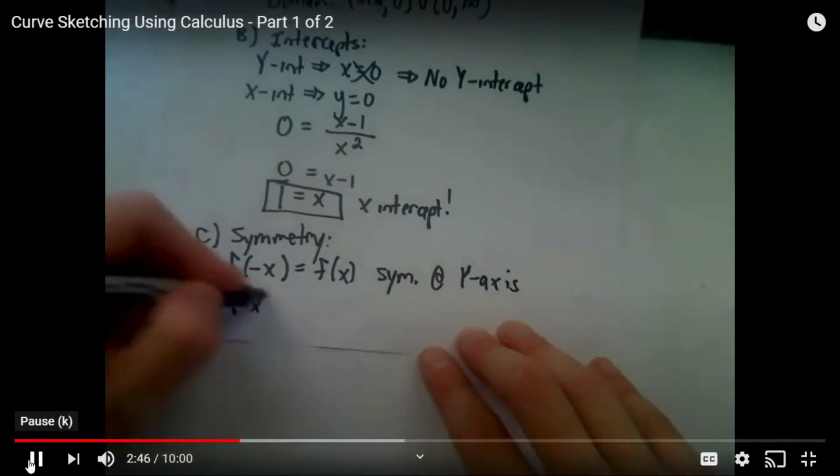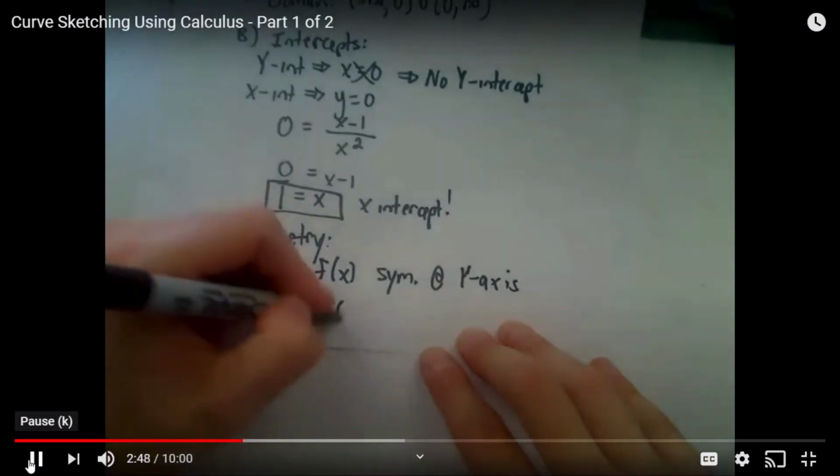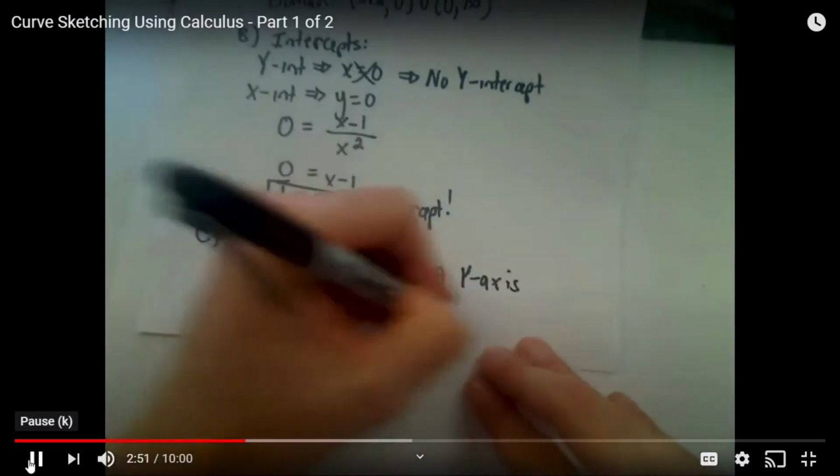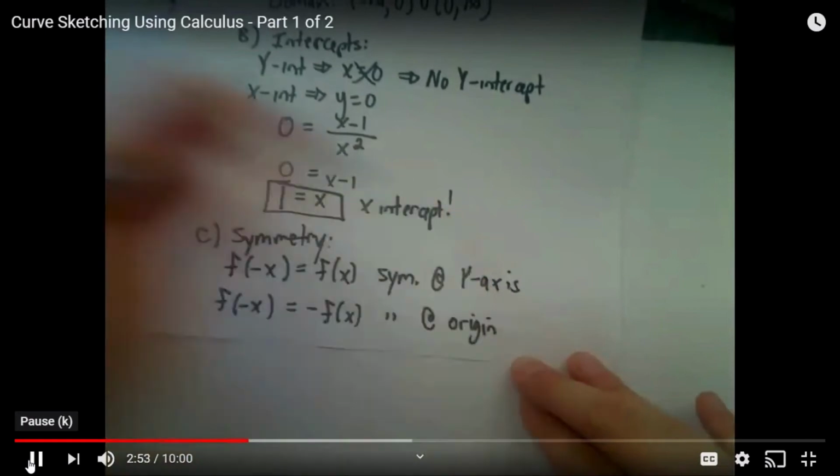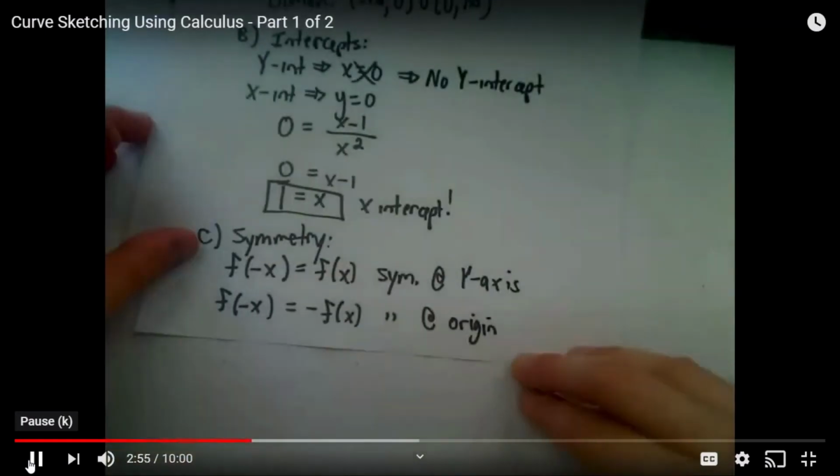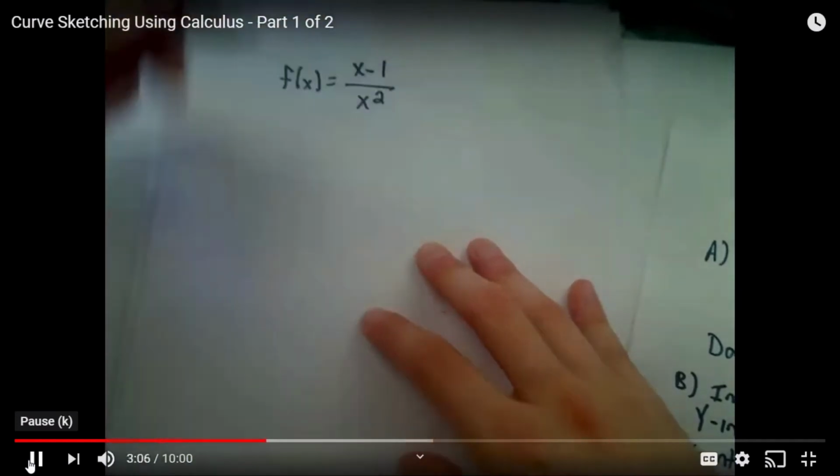And it says if f of negative x equals negative f of x, then it's symmetric about the origin. So we're going to use this little test just to see whether or not our function in fact possesses any symmetry. So it says f of x is x minus 1 over x squared.